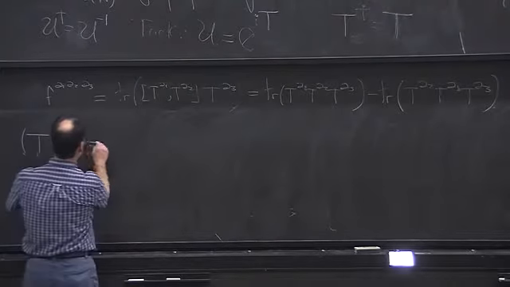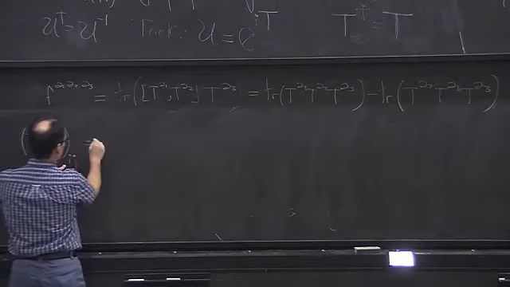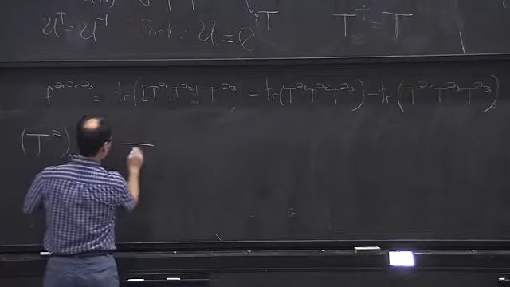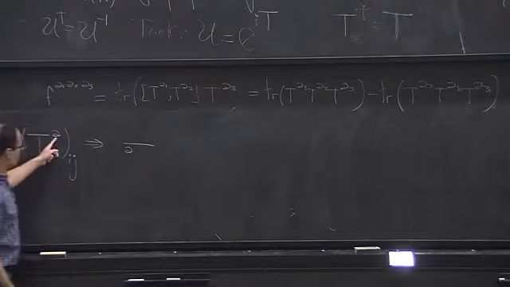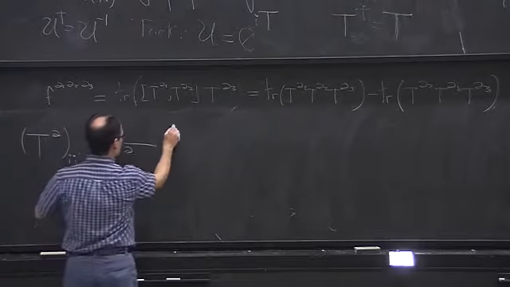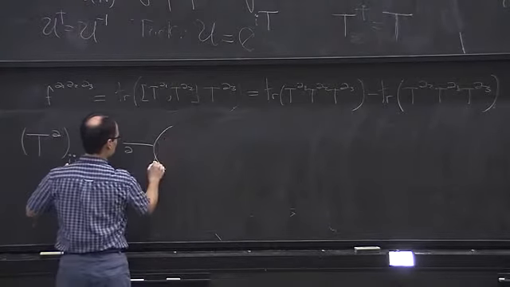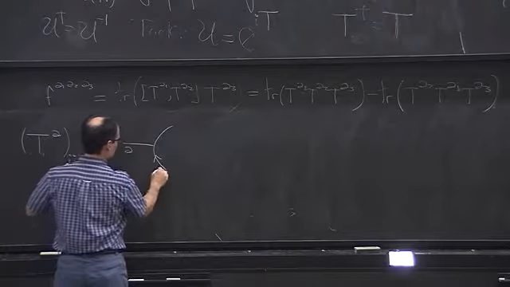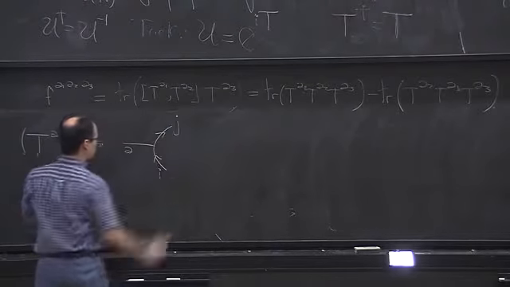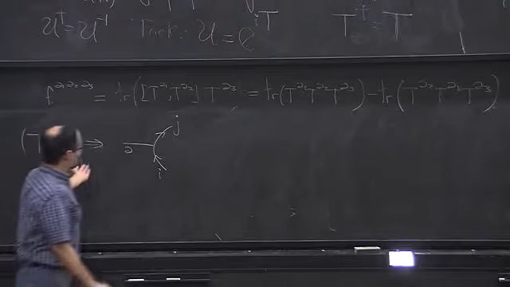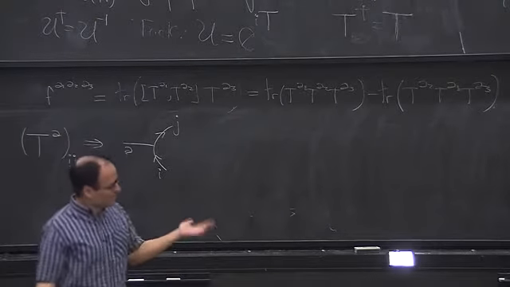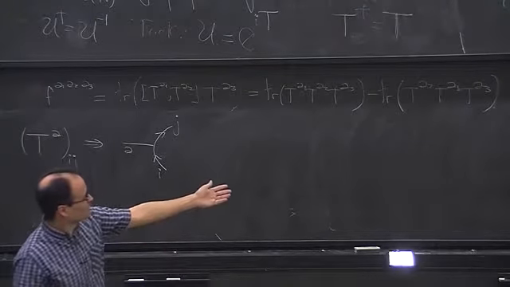And we're going to represent it as follows. We have a line that corresponds to A, and the first index will go into the matrix, and the second one will go out. Okay?